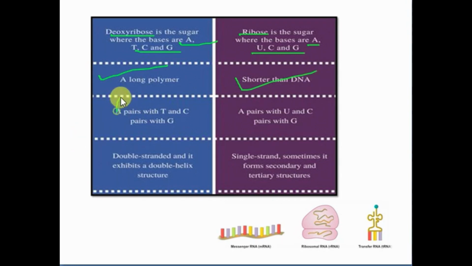In DNA, A is pairing with T and C is pairing with G. And in RNA, A is pairing with U and C is pairing with G. DNA is a double-stranded structure, called the helix structure, and RNA is a single-stranded structure.